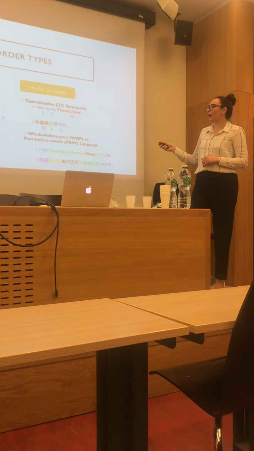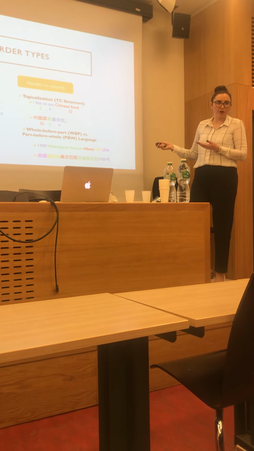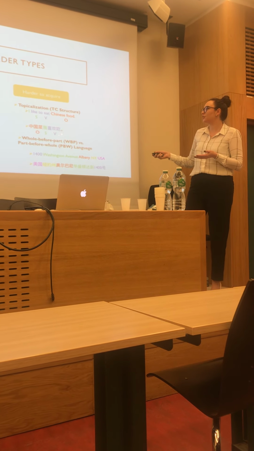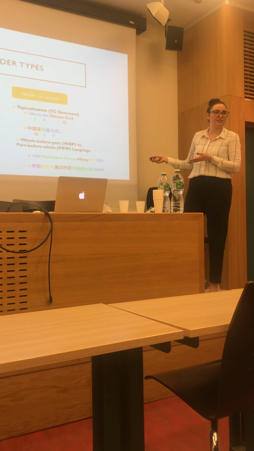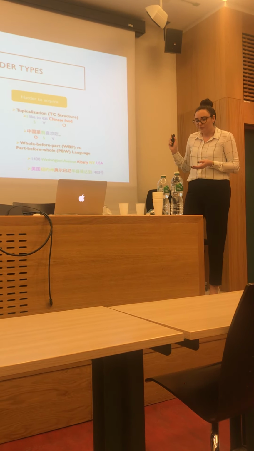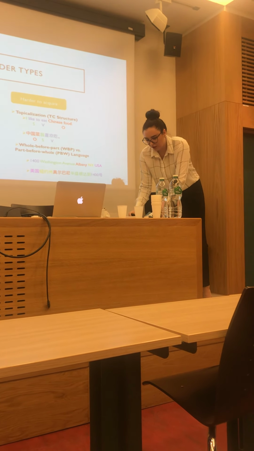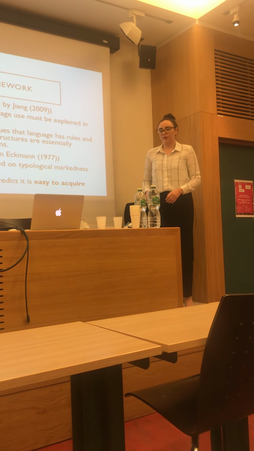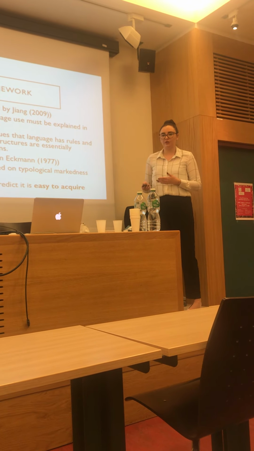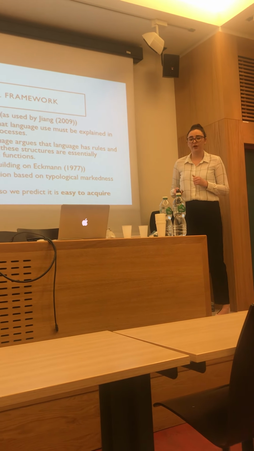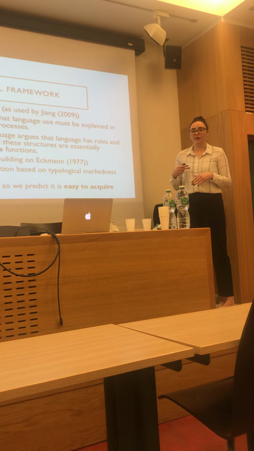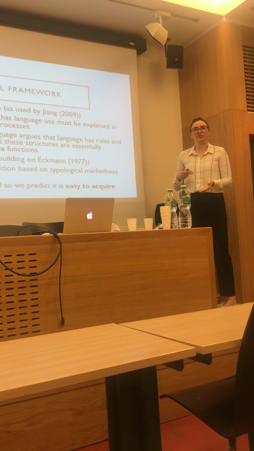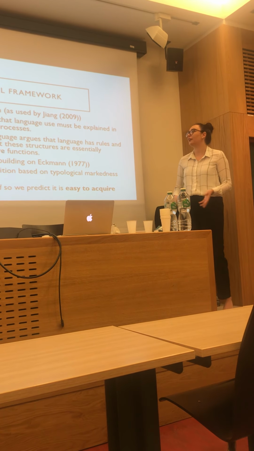So for the harder to acquire ones, topicalization, now this is a marked feature, so of course we're going to predict that it's difficult to acquire. And as you can see, it's completely flipped again, and the object precedes the subject and the verb here. Now, Zhang did not find many word order errors in her study with this, but she said that it was probably because she was using Australian learners of Chinese, and also because it was all translation tasks, they probably preferred to use subject, verb, object, which is similar to my study, but I had some different findings.